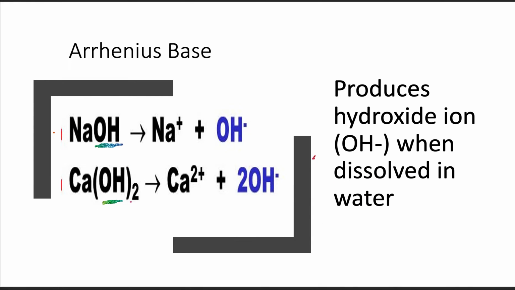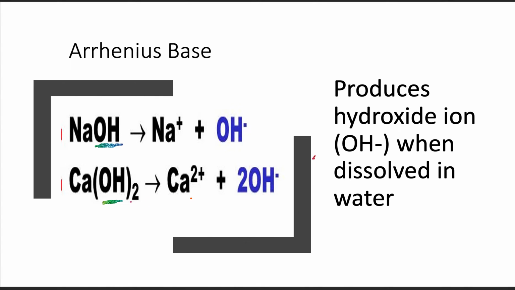So we're going to go straight to this one. Arrhenius bases pretty much is what we mentioned earlier. It has hydroxide ions. And here's one example of a base, NaOH, and it ends in OH. NaOH breaks apart and it produces a sodium ion and a hydroxide ion, or calcium hydroxide, which breaks apart and gives you calcium and 2 hydroxide ions.